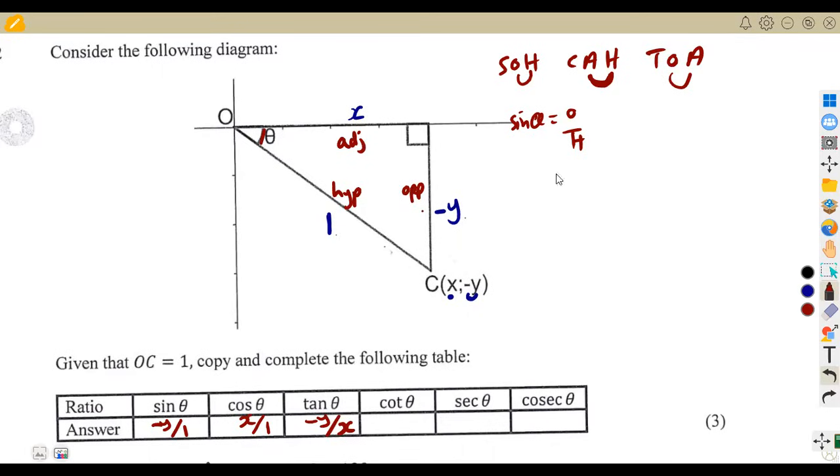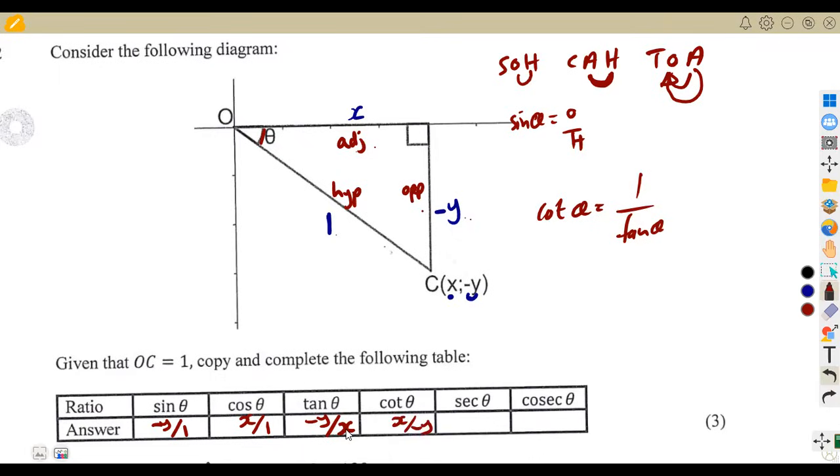Then cot. Remember, cot of theta is 1 over tan of theta, which simply means the inverse of what we have: adjacent over opposite, which is x over minus y.